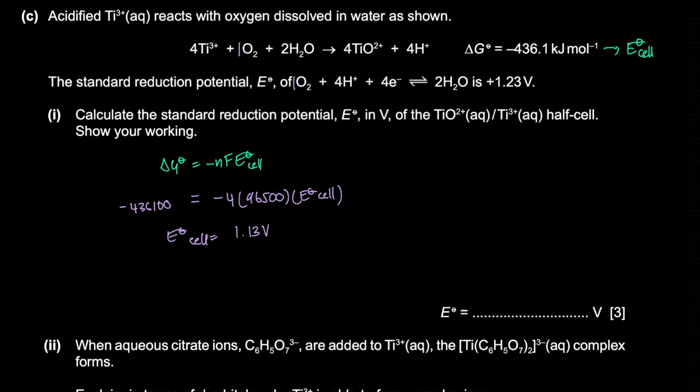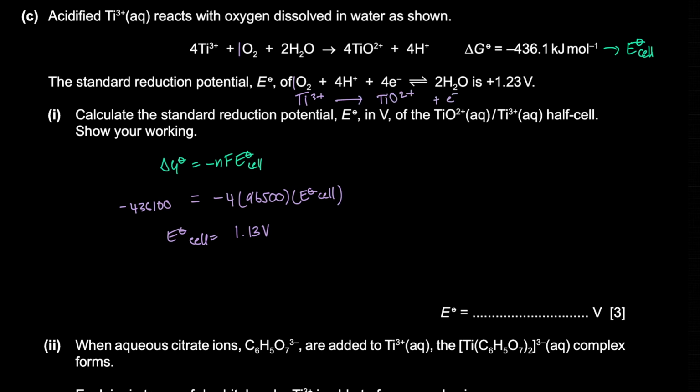So what we can say is that we had this half equation for the reduction of oxygen, and because oxygen is undergoing reduction, this Ti3+ is obviously undergoing oxidation, right? The Ti3+ is undergoing oxidation to form TiO2+, and it's losing electrons.